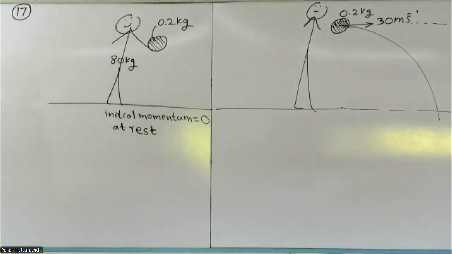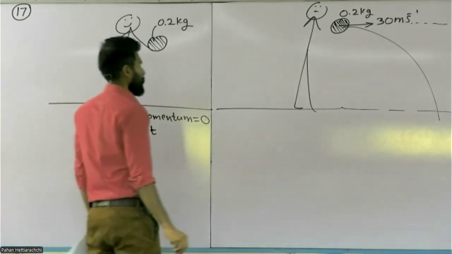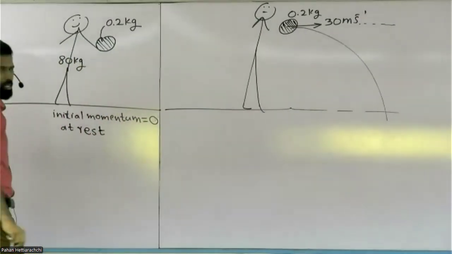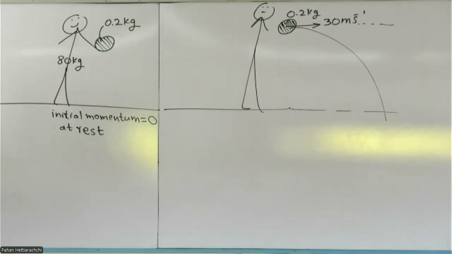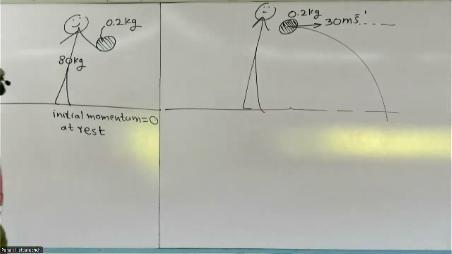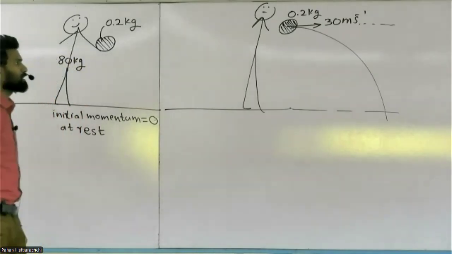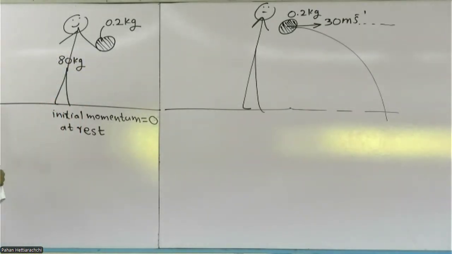Then this man throws the ball in the front direction horizontally. With time, this ball will become a projectile motion as it can't move horizontally due to gravity. But at the certain instant that we are considering, it was thrown horizontally with a 30 meters per second velocity.